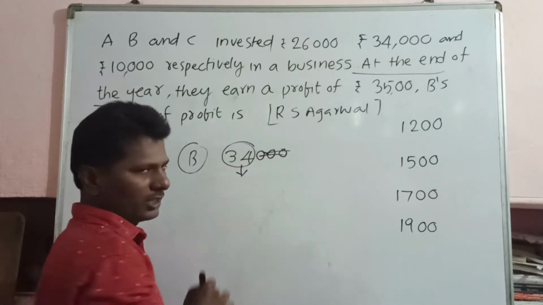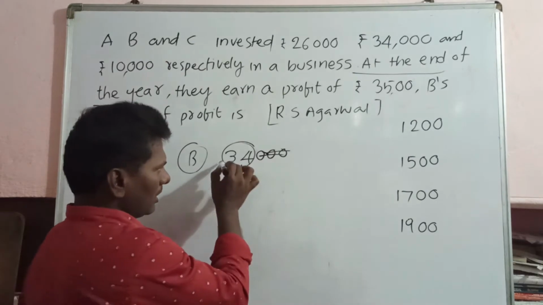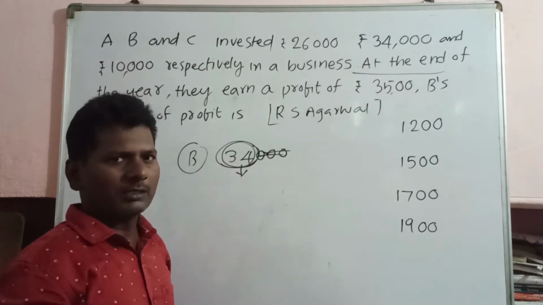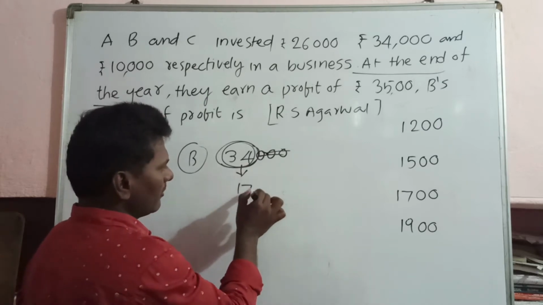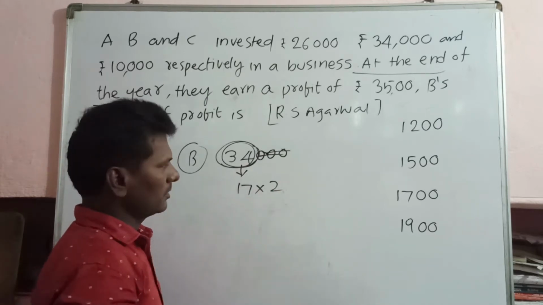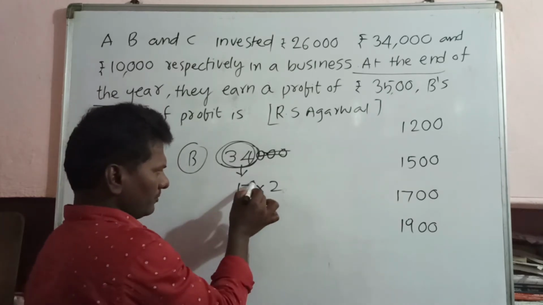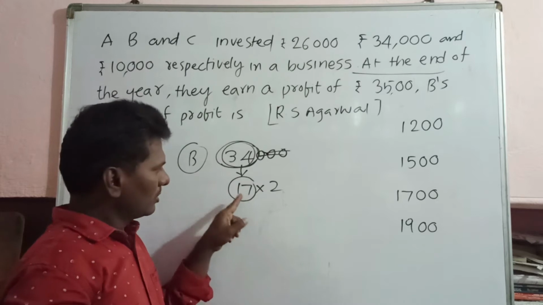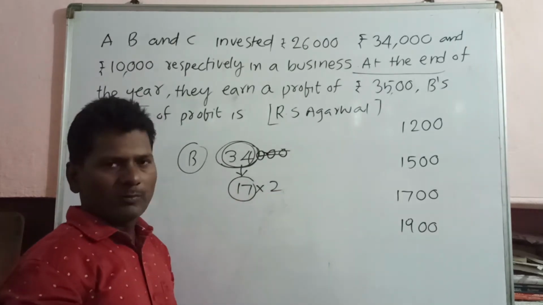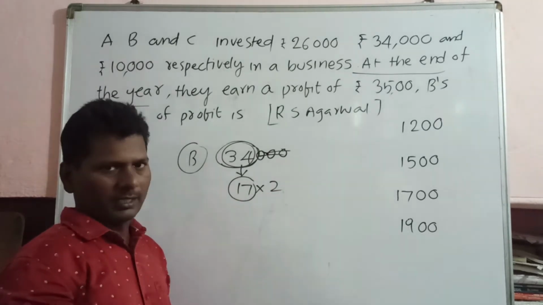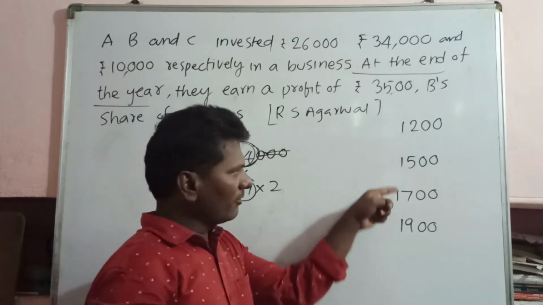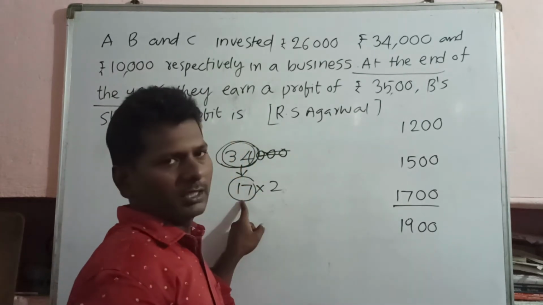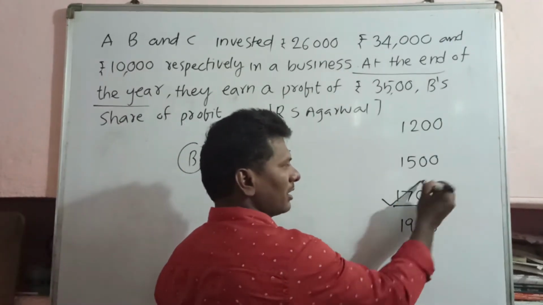So here 34 is present. In 34 we have the prime number 17. Now take this prime number 17. So the option which is divisible by 17 will be the right answer. Among the given options, only this 1700 is divisible by 17. So this is our correct answer.